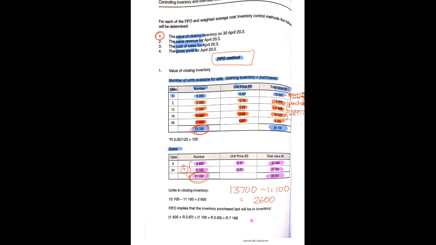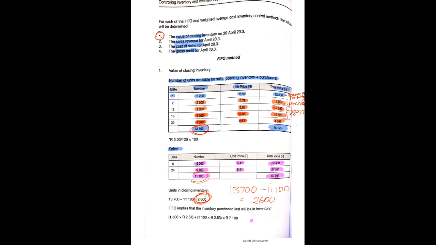Now to determine the worth of those 2,600 units, we need to look at the fact that we're working with the FIFO method. So under the FIFO method, remember they say to you that what is there first will be sold off first. So what is purchased last will remain as your closing inventory.